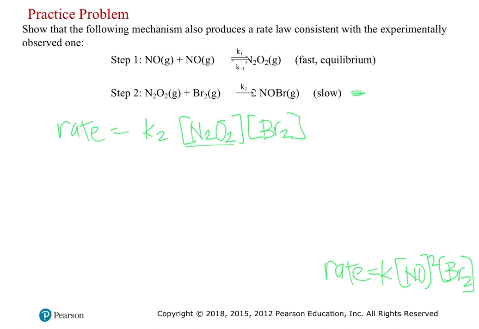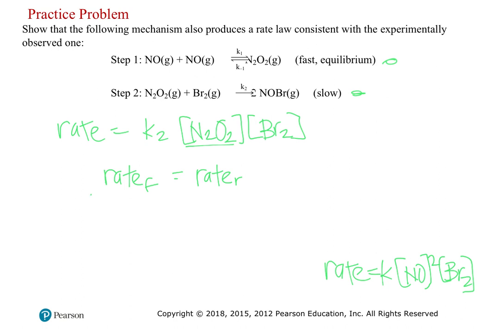Well, what is this? It's not one of our reagents, so it's an intermediate. We need to solve for that using the first step. We're at equilibrium in the first step because it's fast. So we're going to write the forward rate for the first step equals the reverse rate.